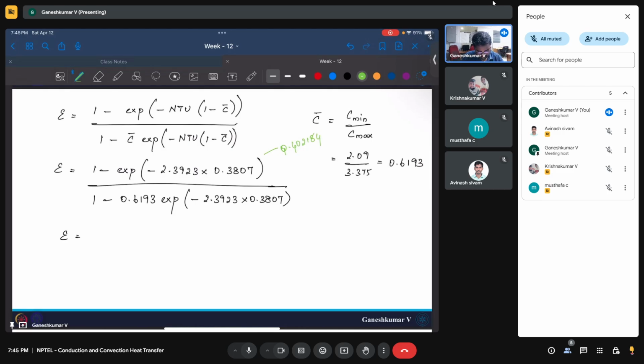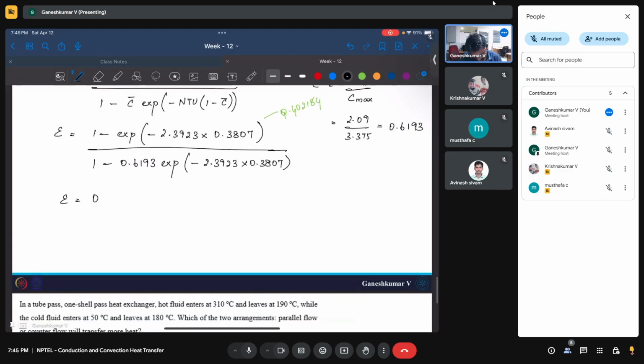Now multiply this with 0.6193 and then 1 minus 0.402184. I'm not sure whether this is the right answer, but this is what I'm getting: 0.7961.